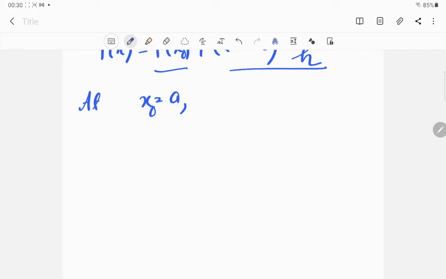For the last term, I can write xn equal to b, but since we have only 2 terms, the last term will be x1. So what will be h?